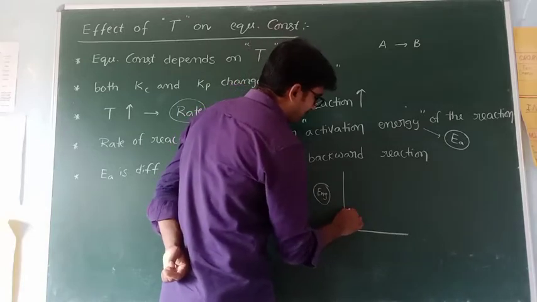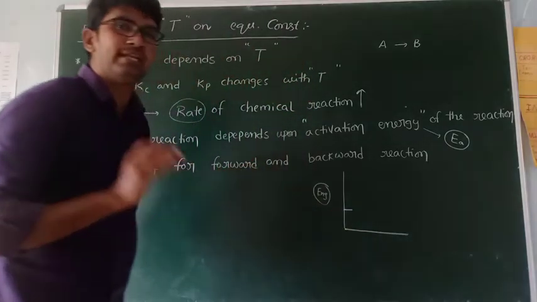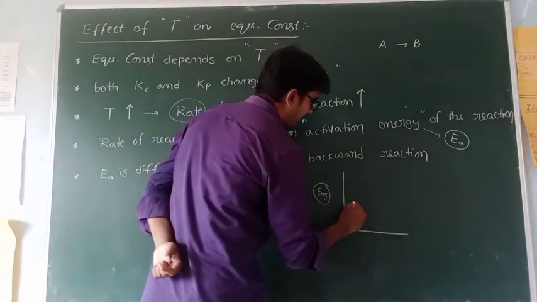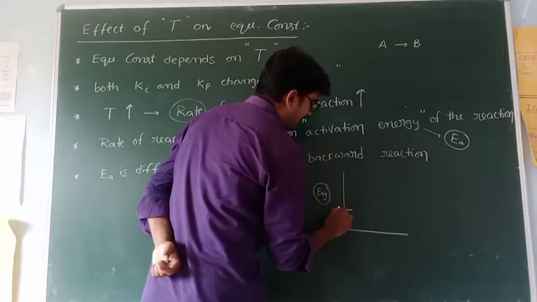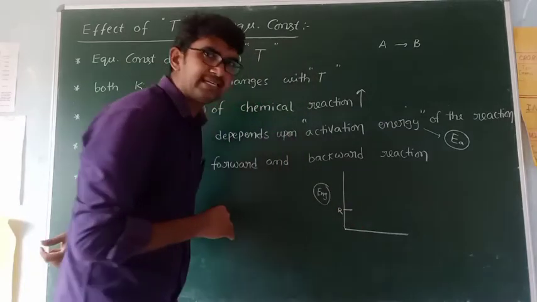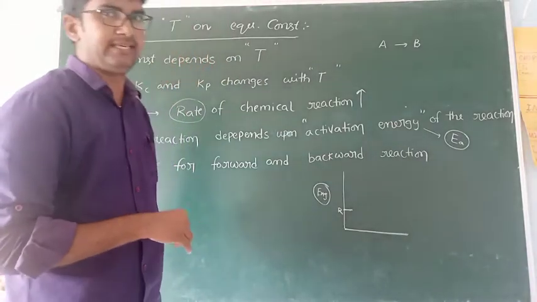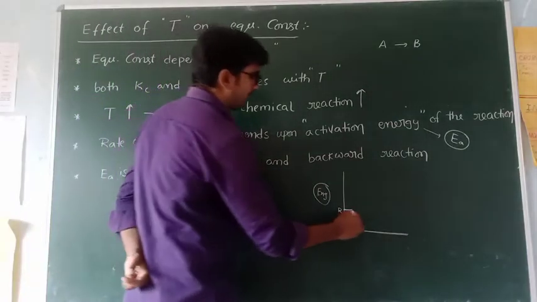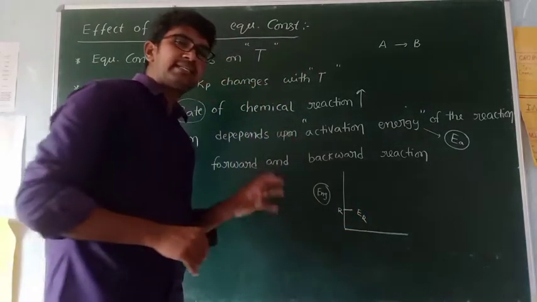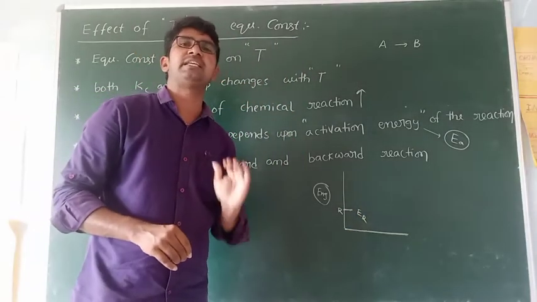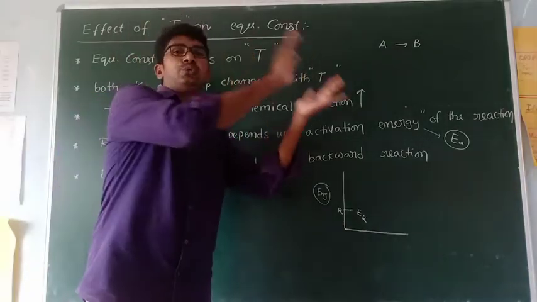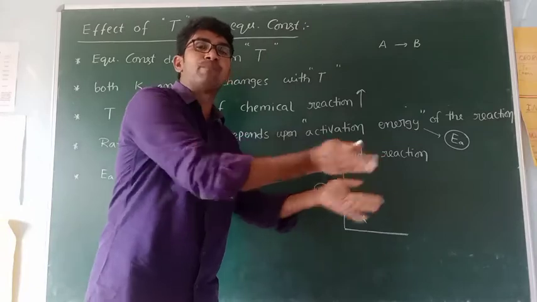Initially, we have taken only reactants, for example this is reactants R. The energy of these reactants is ER. So the reactants have how much energy? ER. Now these reactants are converted into products.